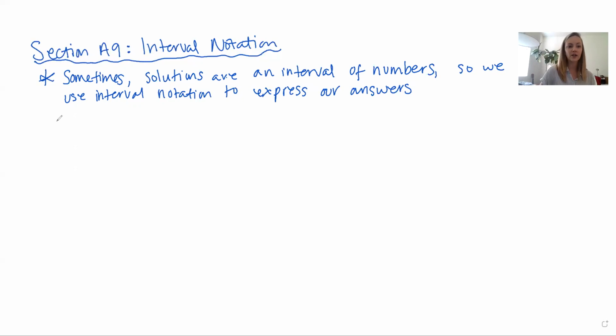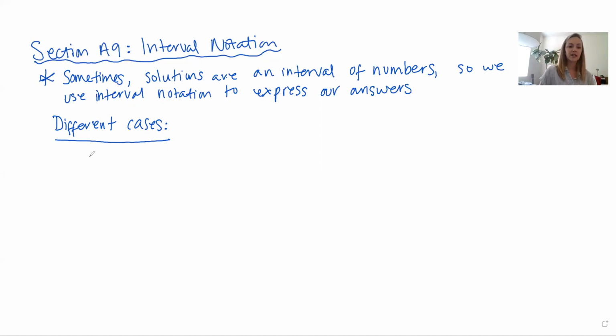So let's look at the different cases that we might see with interval notation. There are quite a few of these. Some of them are really closely related, but I'm going to list all of them so that you can see all the different kinds of cases we might see, and then we'll jump into some examples.